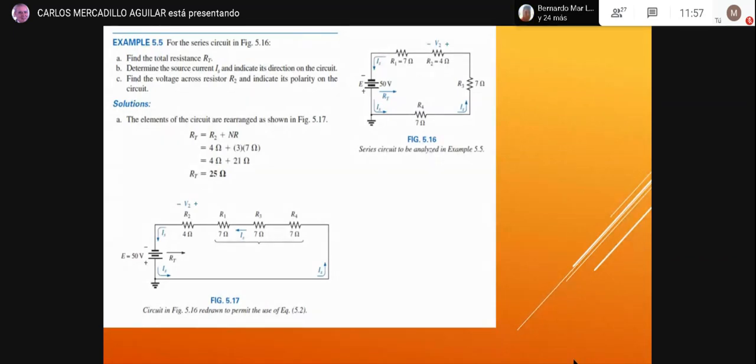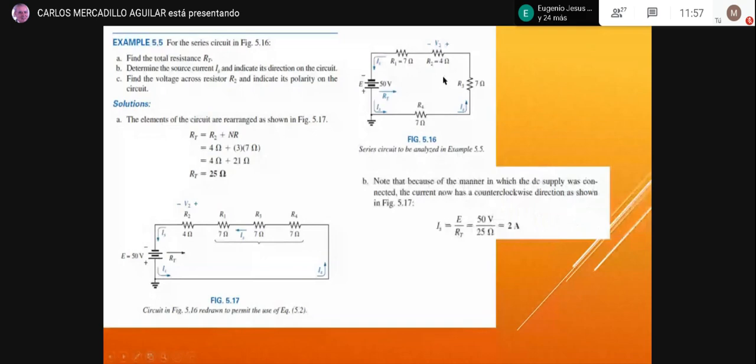This exercise, we made it yesterday, remember? Just calculate the total resistance and then calculate the voltage drop across the second resistor. As we calculated the source, because the total is 25, 50 over 25 is 2 amps.